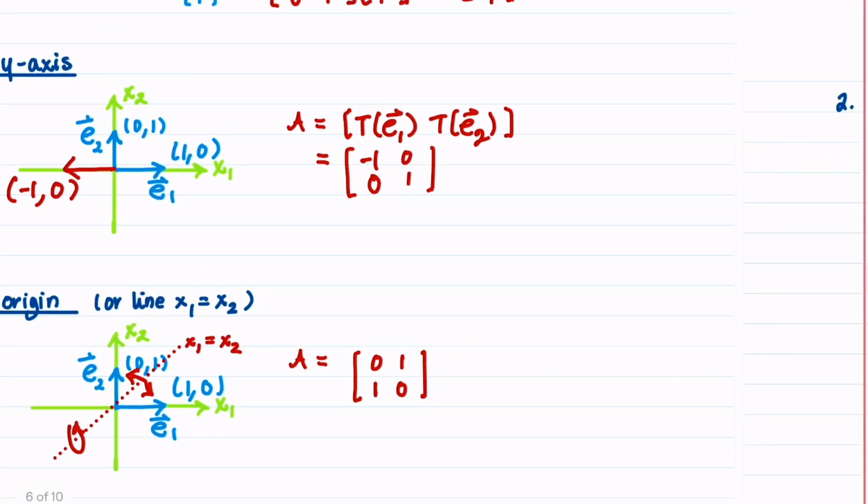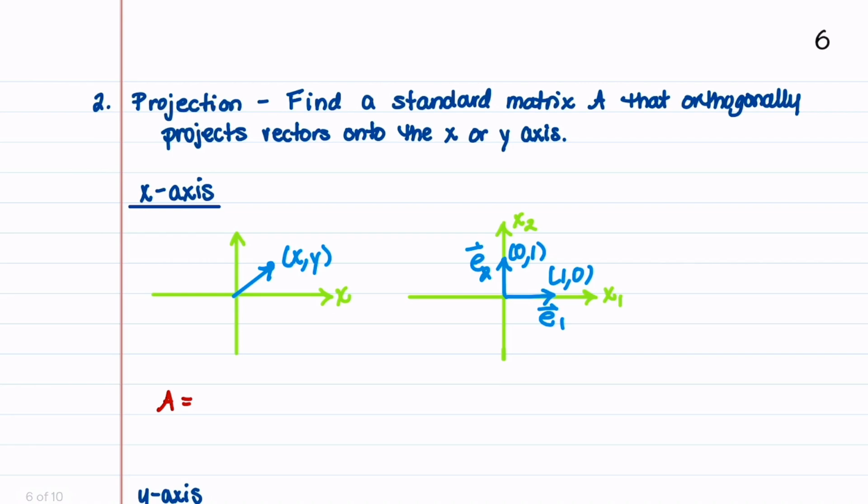Let's now find a standard matrix A that orthogonally projects vectors onto the x or the y-axis. When we project a vector onto the x-axis, our vector (x, y) becomes the vector (x, 0).